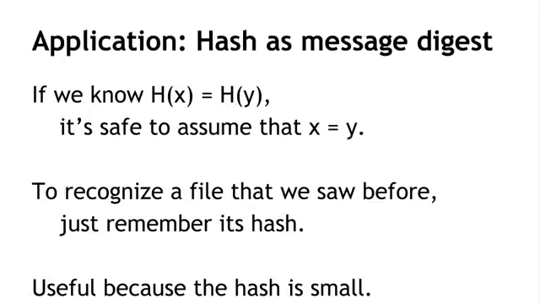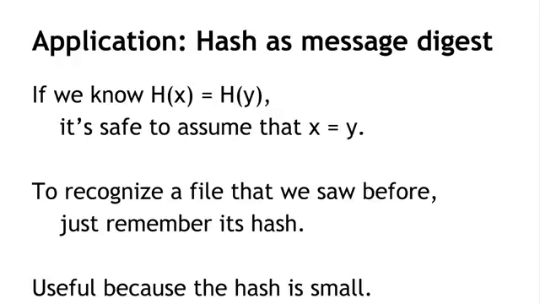What I mean by that is the following: if we know that x and y have the same hash, then it's safe to assume that x and y are the same. Because if someone knew an x and y that were different that had the same hash, of course that would be a collision. Since there's not a collision that we know of, then knowing the hashes are the same, we can assume that the values are the same. And this lets us use the hash as a kind of message digest.